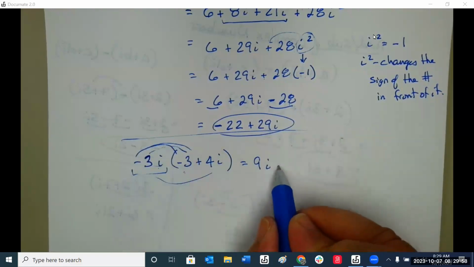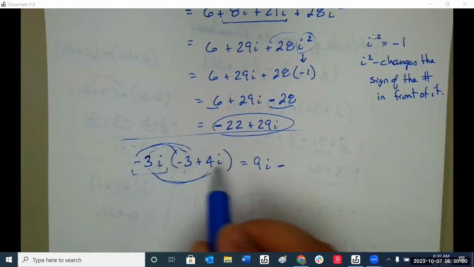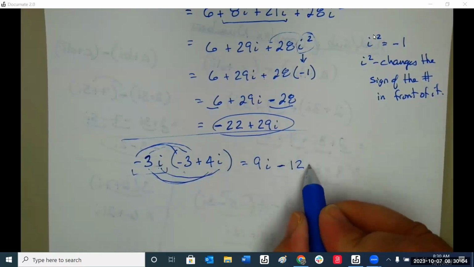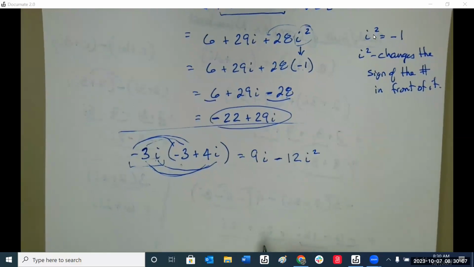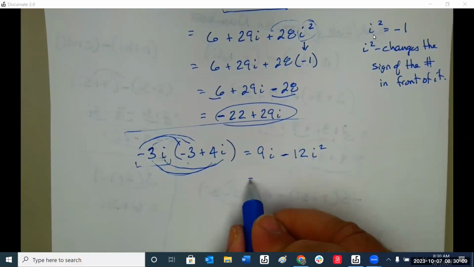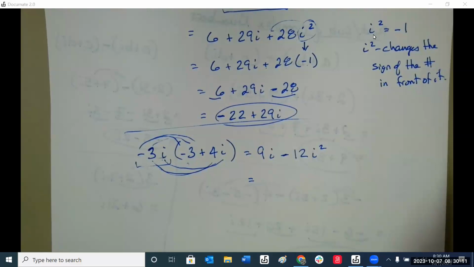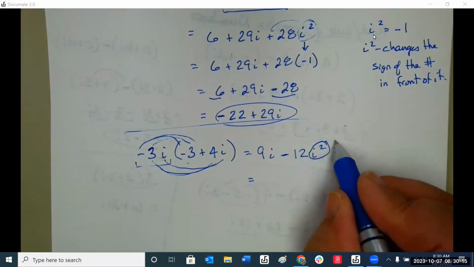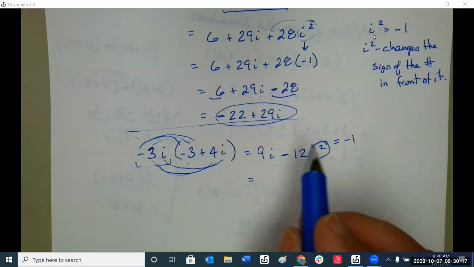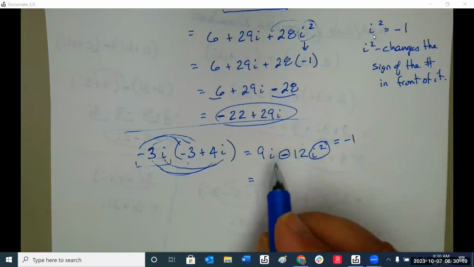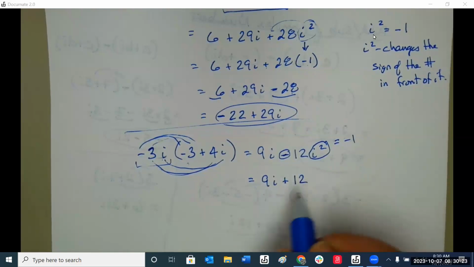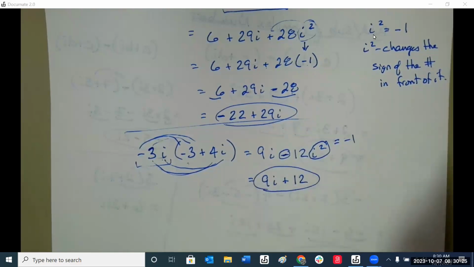Negative times positive is a negative. 3 times 4 is 12. i times i is i squared. The i squared is equal to -1. So it changes the sign in front of it. It just becomes positive 12 now. And there's your answer.